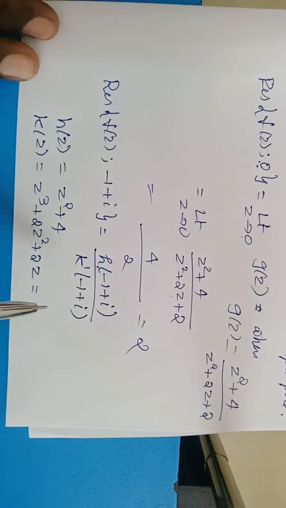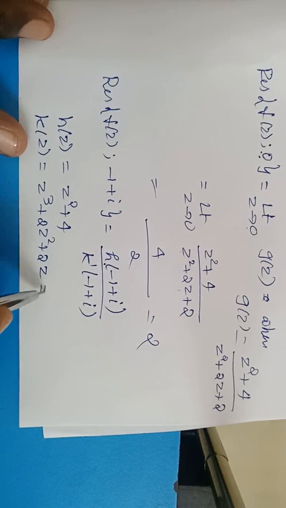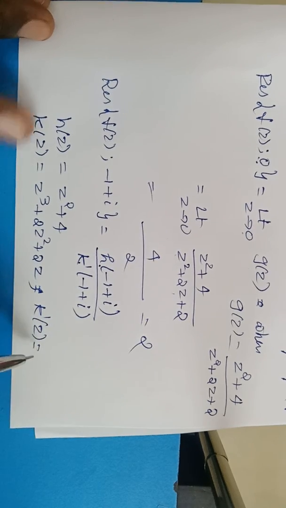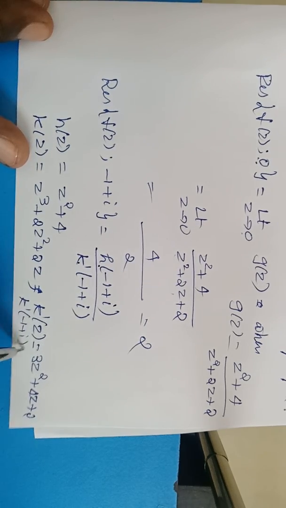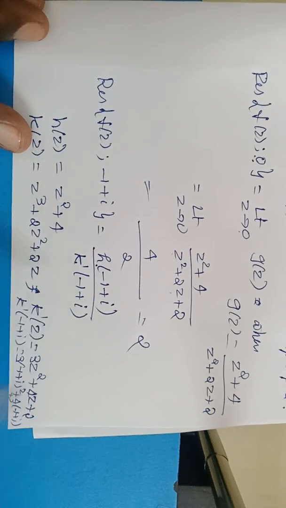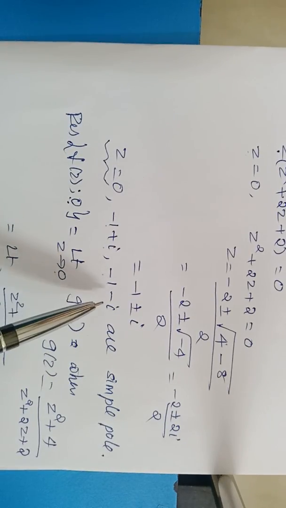We can also use method 2 or method 1, but here I am using method 3. I need k dash. k dash of z is 3z square plus 4z plus 2. k dash of minus 1 plus i is 3 times (minus 1 plus i) the whole square plus 4 times (minus 1 plus i) plus 2. You substitute the values of h and k dash and you will get the residue at minus 1 plus i. Similarly, we can also find the residue for minus 1 minus i.